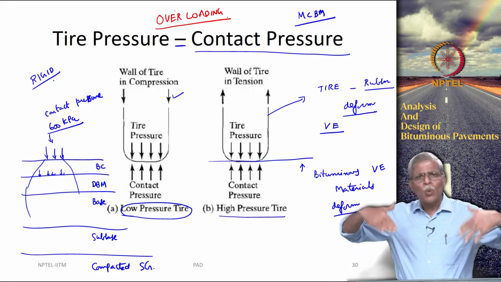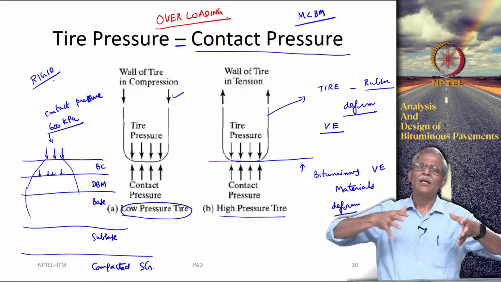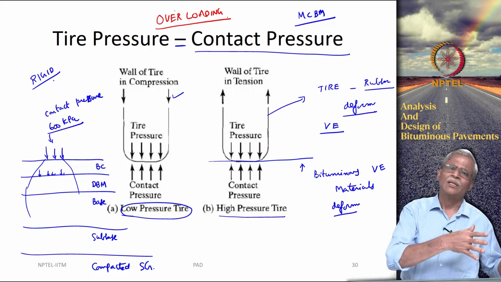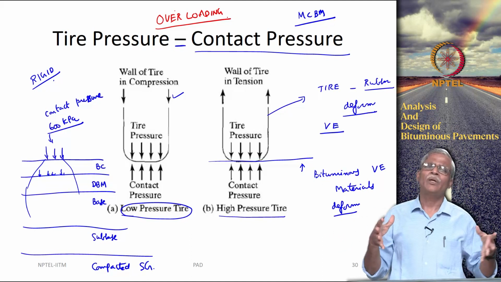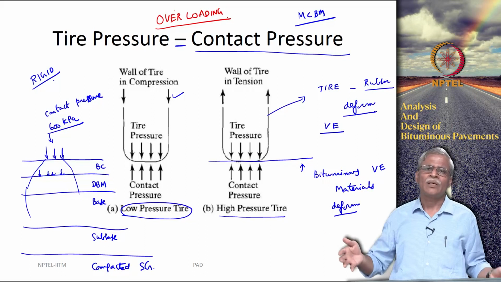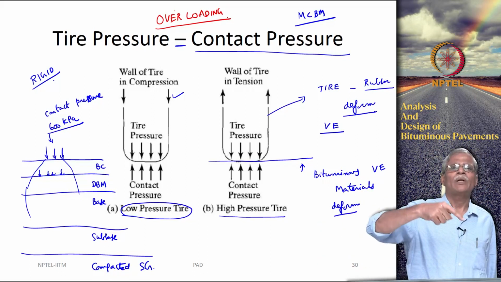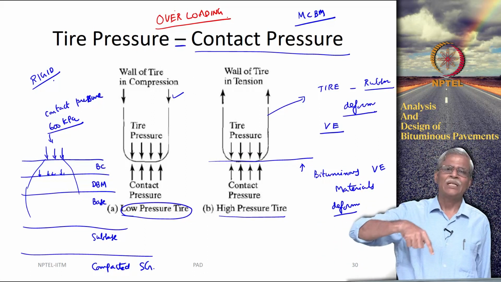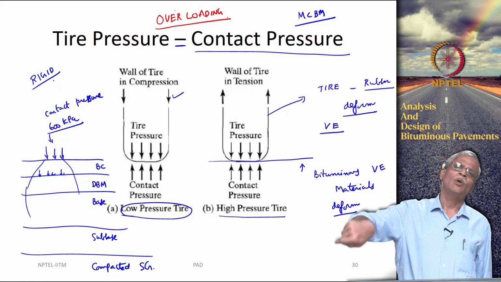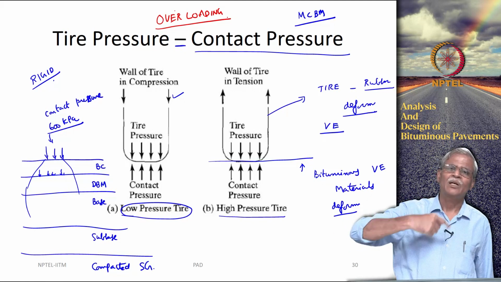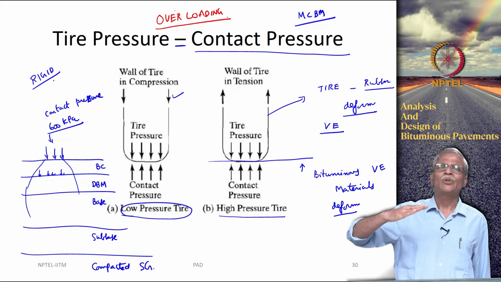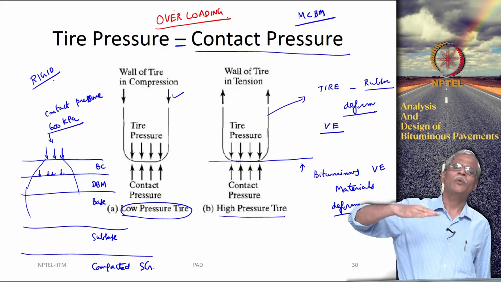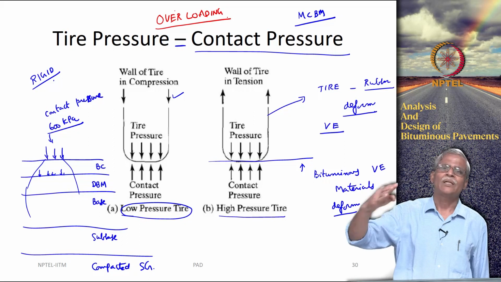When you overload and your tire pressure is, let us say, 1000 kilopascal, the tire walls will deform and the contact area will increase, so that 1000 kilopascal times the area of contact will more or less equate to the additional load that has come in.